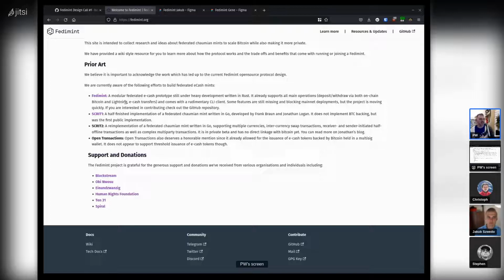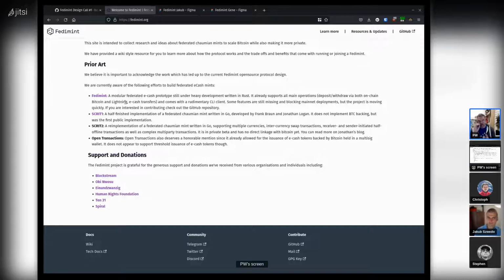So it's its own prior art in a way. That was the explanation. So the difference is the Fedimint protocol and the Fedimint Rust implementation. I think that was originally the thinking, that Fedimint was the idea, and it could be one of many different implementations, and Minimint was the actual implementation that was being done.